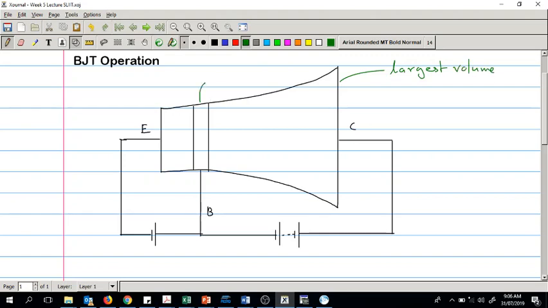The base is the thinnest layer. The emitter has the moderate volume.